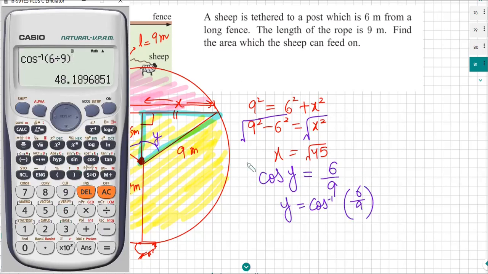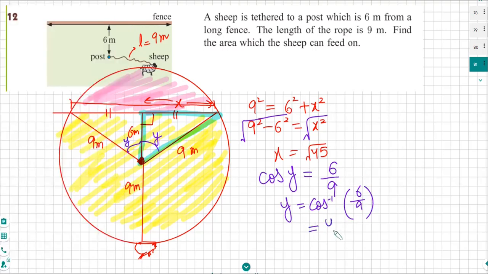So we get 48.19 in degrees. And I actually need this angle as well. This is the sector angle. So the sector angle will be 360 minus 2y, right?